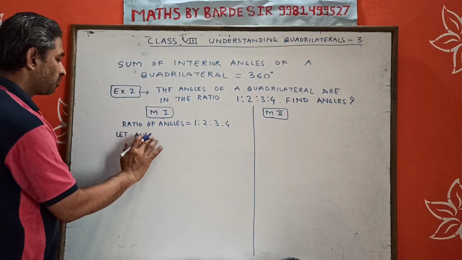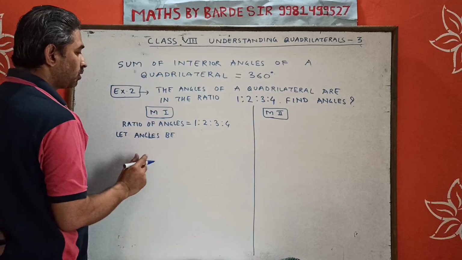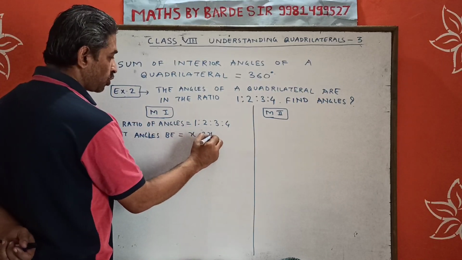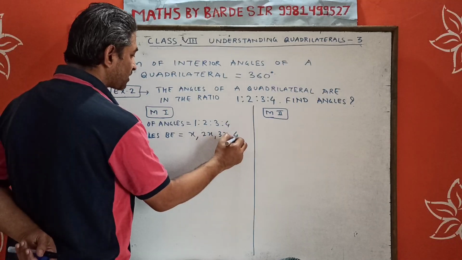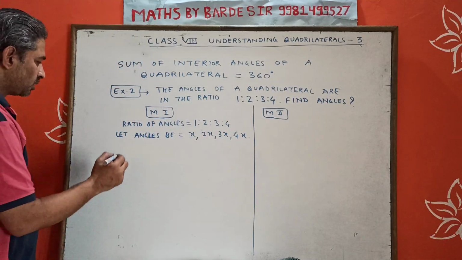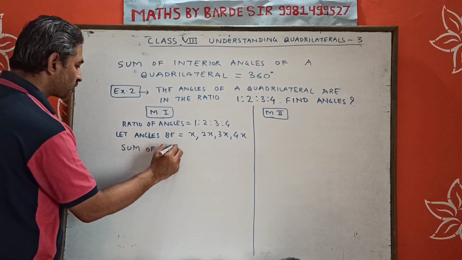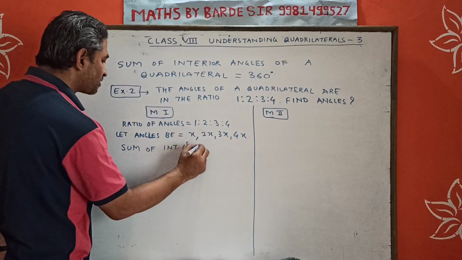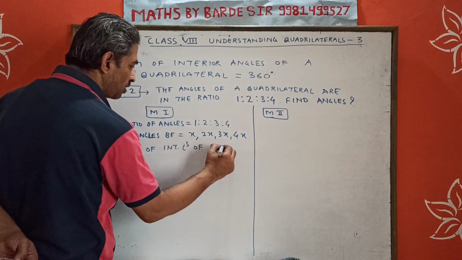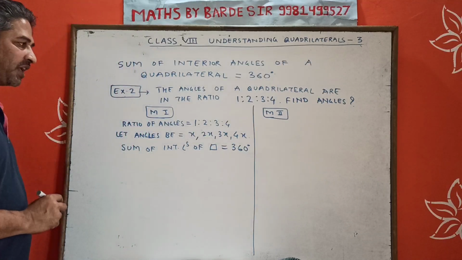Let the angles be 1x, that means x, 2x, 3x and 4x. Sum of interior angles of a quadrilateral is always equal to 360 degrees.